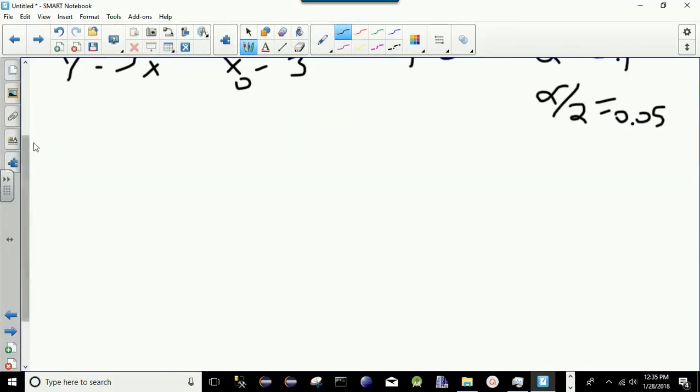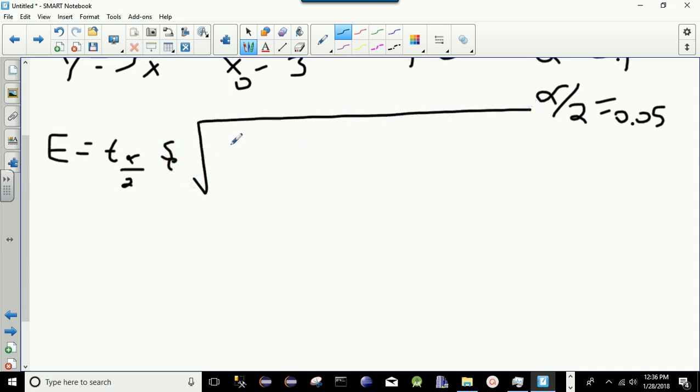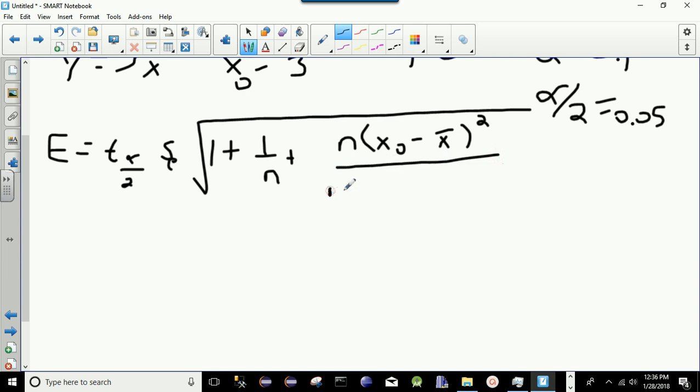The margin of error is equal to t alpha over 2 times the standard error of the estimate times the square root of 1 plus 1 over n plus this gosh awful looking thing: n times x naught minus x bar quantity squared divided by n times the sum of the x values squared minus the square of the sum. This is what we need to do to get our E value.